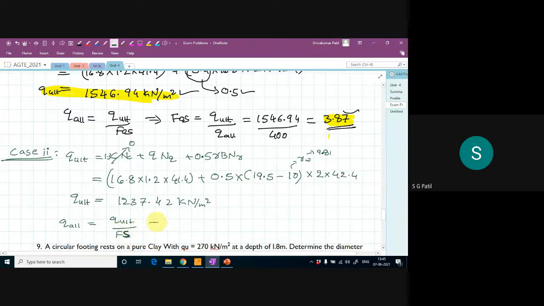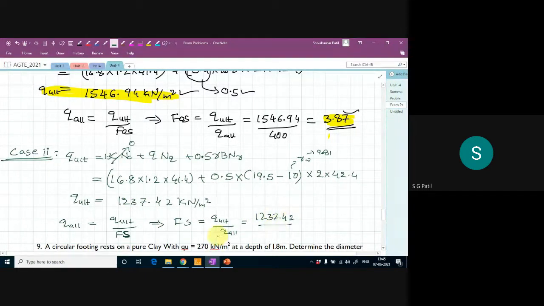So now, what is my factor of safety? The factor of safety is equal to, let me write properly, Q ultimate divided by Q allowable.